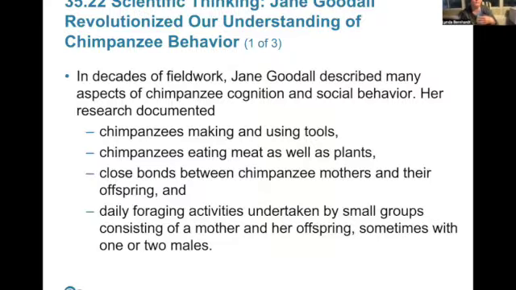She got to see just how intelligent they were, how they would not only use tools, but they would make tools. And no, I don't mean like a pipe wrench, but they would want to get termites out of a mound. So they would grab a stick, remove all the extra stuff, and put it in there. They had great logic skills, incredible bonds, everything.